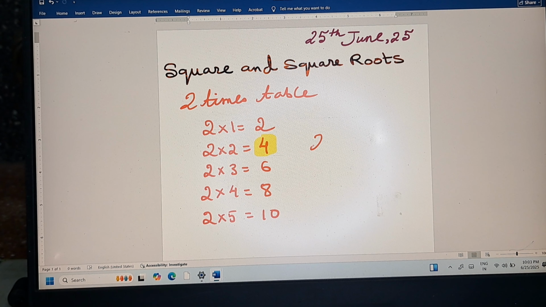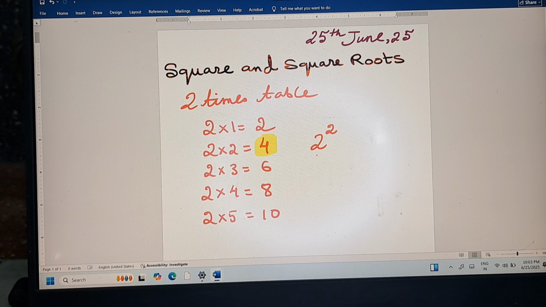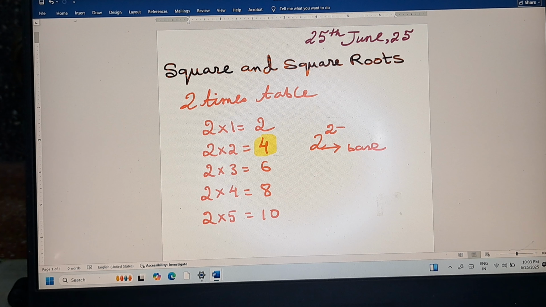Now this can be written as 2 to the power 2. So 2 is regarded as the base over here, and this 2 is regarded as the power or index.